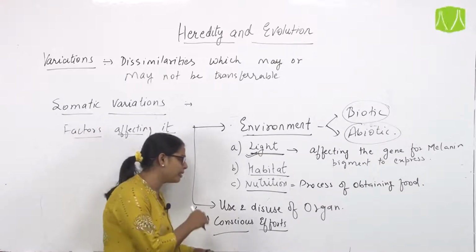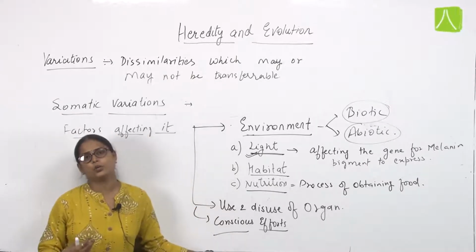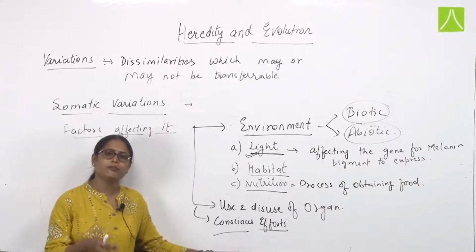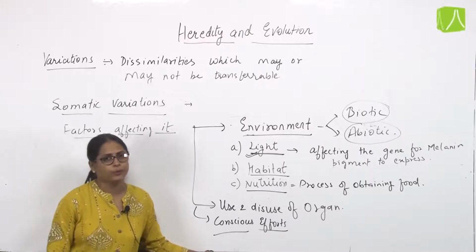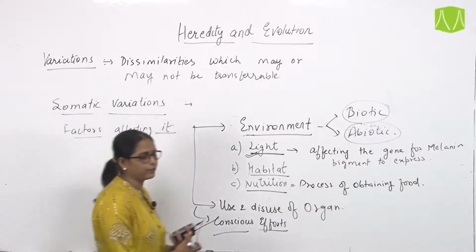So these are efforts done artificially by human beings on the plant, but that is again not transferable to the next generation because we are doing it in their somatic part only. So these are the certain factors which cause somatic variation.